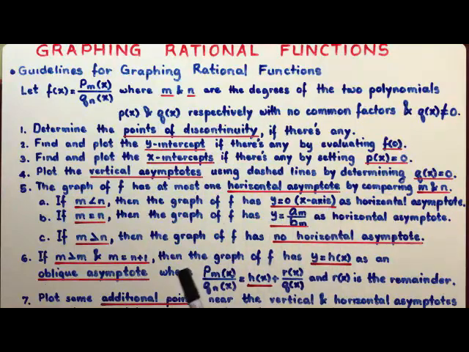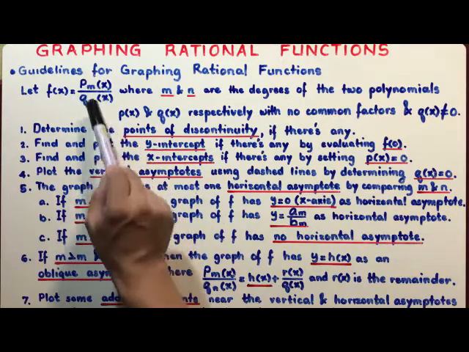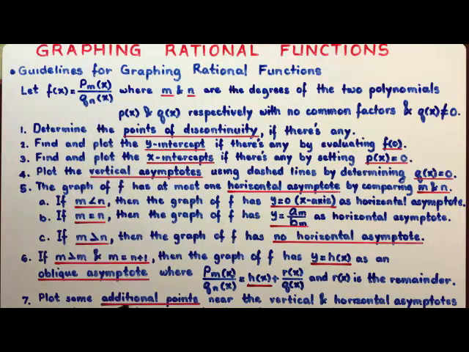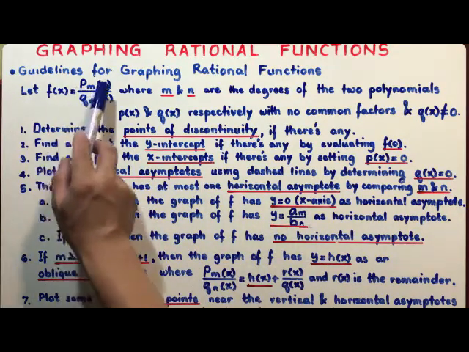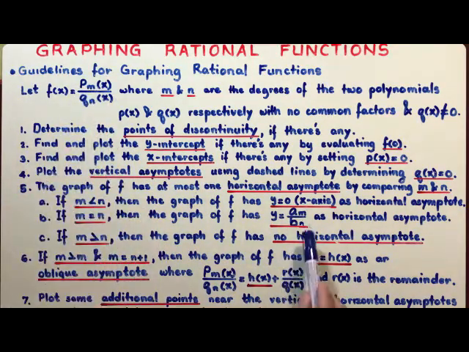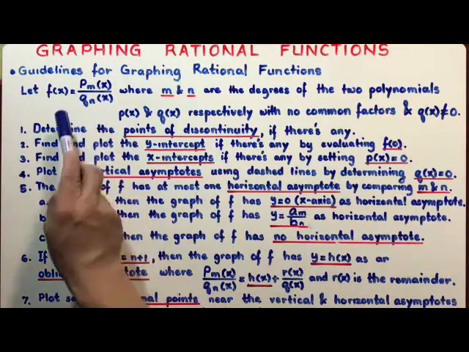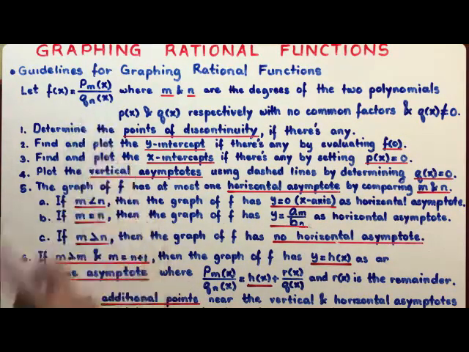But if the degree of the numerator is equal to the degree of the denominator, then the graph of the function f will have a horizontal asymptote y equals the leading coefficient of the numerator divided by the leading coefficient of the denominator. So a is the leading coefficient of the polynomial p of x, and b is the leading coefficient of the polynomial q of x.